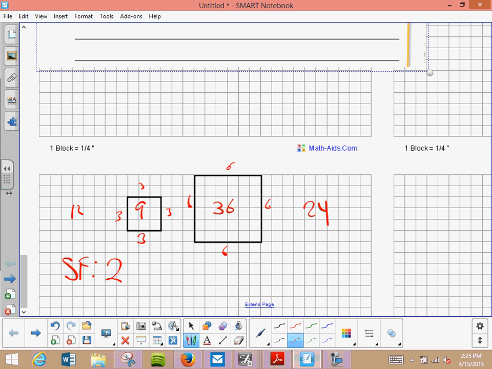I want you to connect the concept of area. How do we measure area? Square it. Thank you. If you square the scale factor of 2, which is 4, and multiply it by this one, it'll give you the area of the next one. So when you use the scale factor, the sides and the perimeter will expand by the scale factor, but the area needs to be the square of the scale factor, whatever it might be.